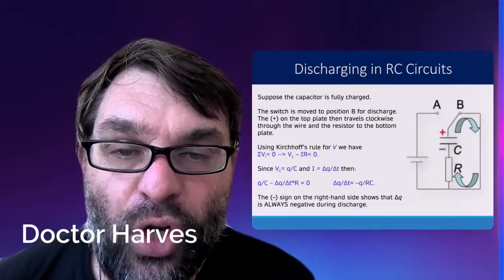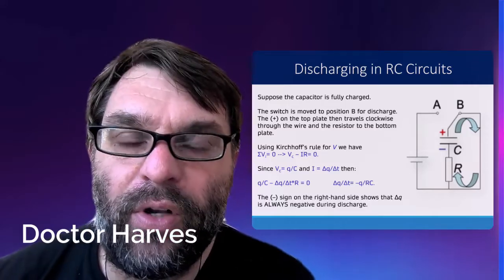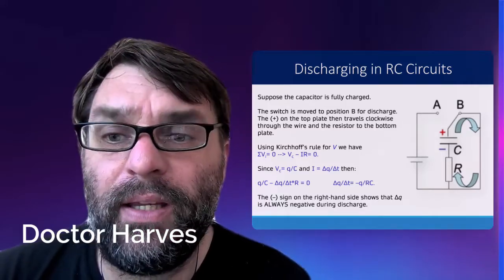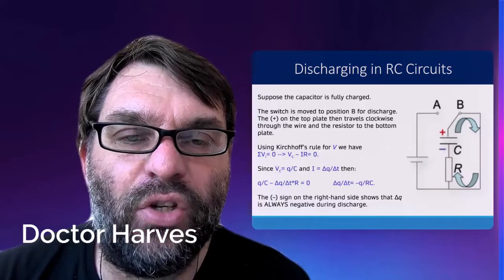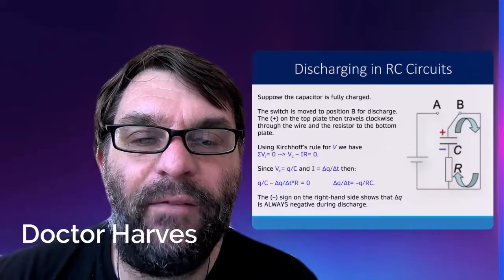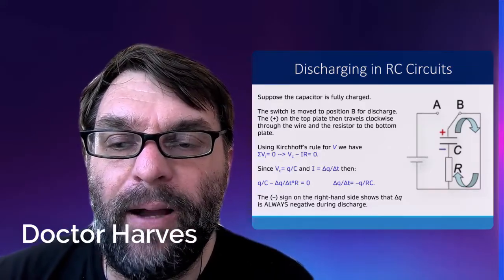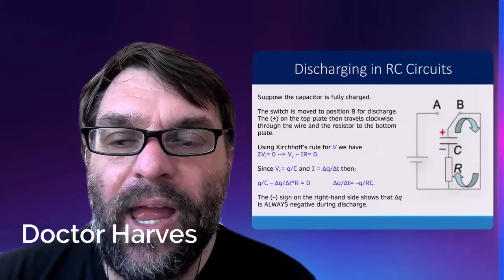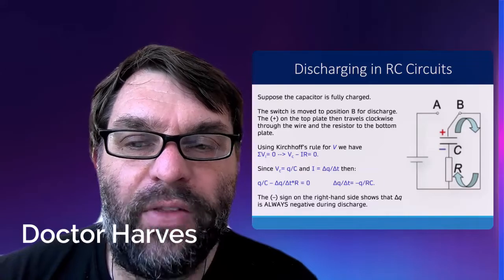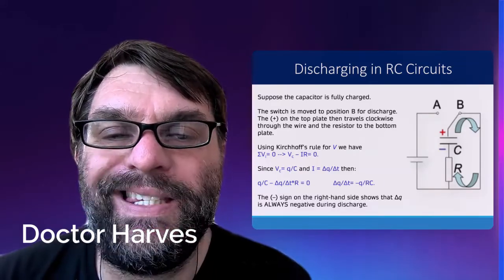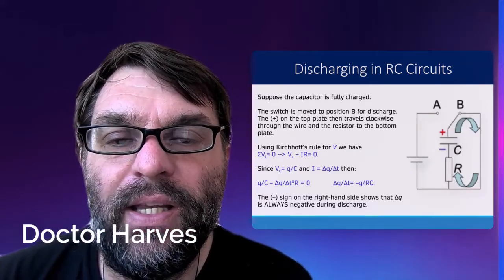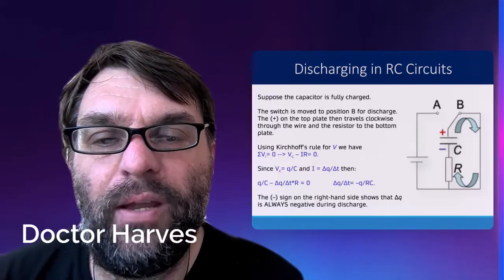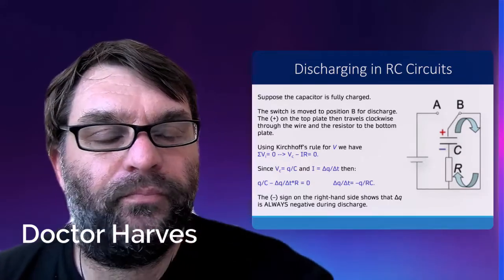We can then apply Kirchhoff's law, and we also know that current is change in charge over change in time, and that will equal negative Q divided by the resistance times the capacitance. The reason it's negative is that the change in charge is always negative during discharge.